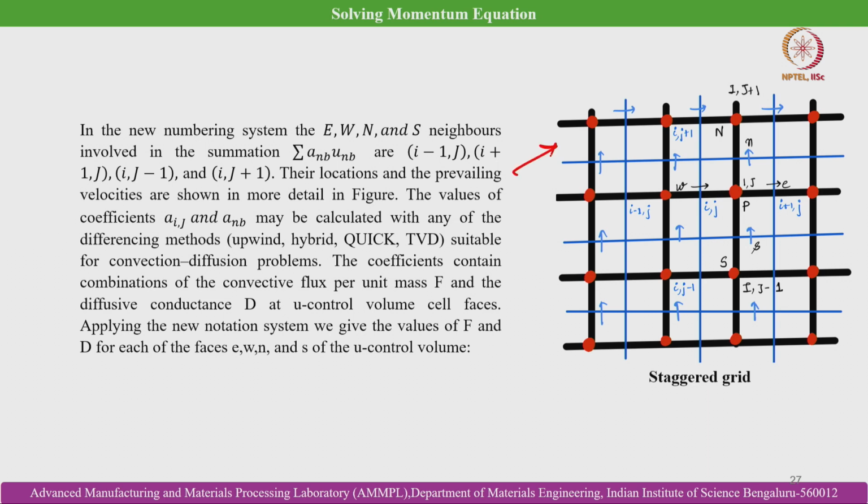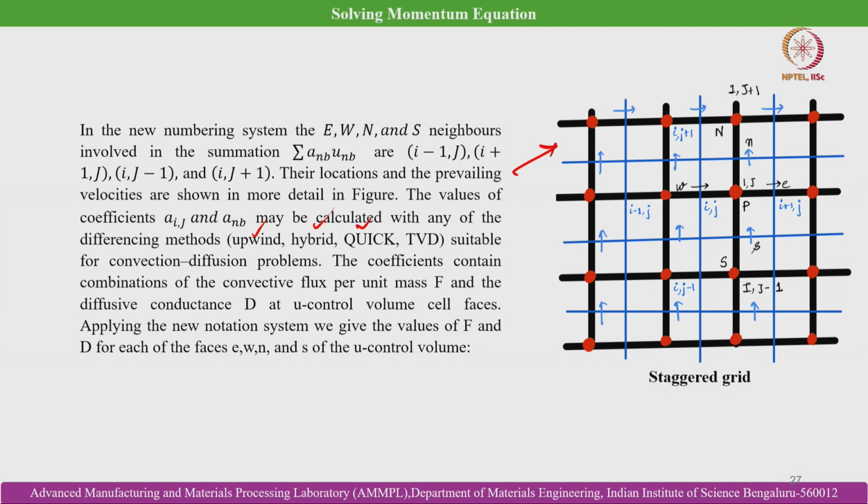So the values of coefficients a_iJ and a_nb may be calculated with any of the differencing methods like upwind, hybrid or QUICK, suitable for convection-diffusion problems. The coefficients contain combinations of the convective mass flux per unit mass F and the diffusive conductance D at the u control volume cell faces.